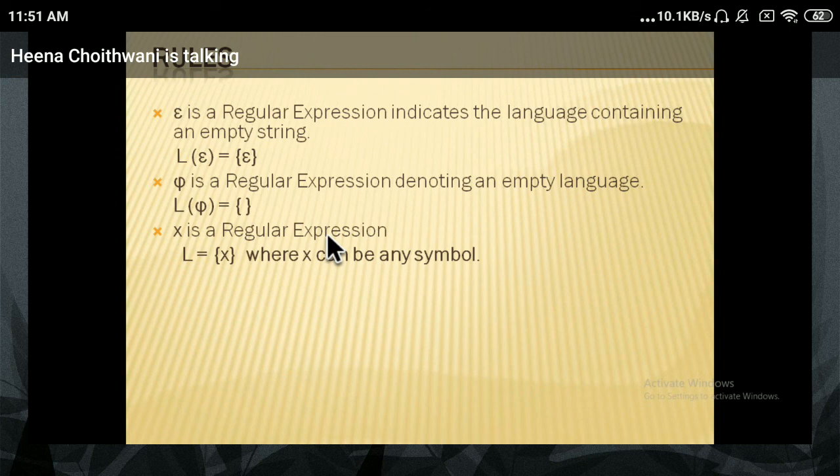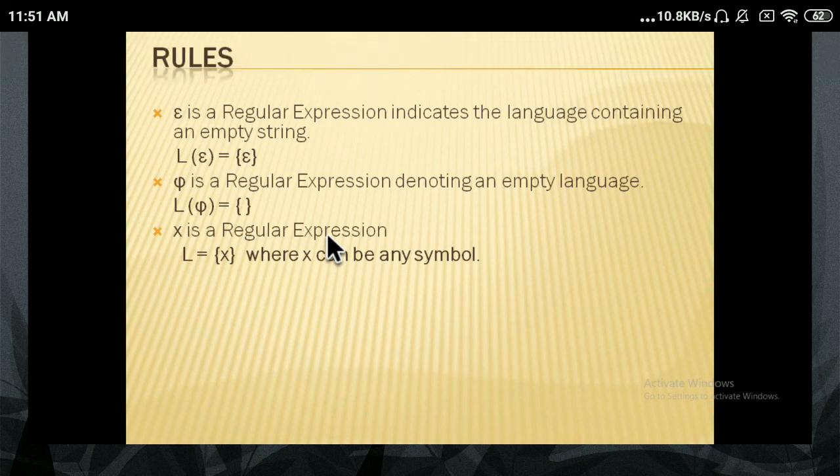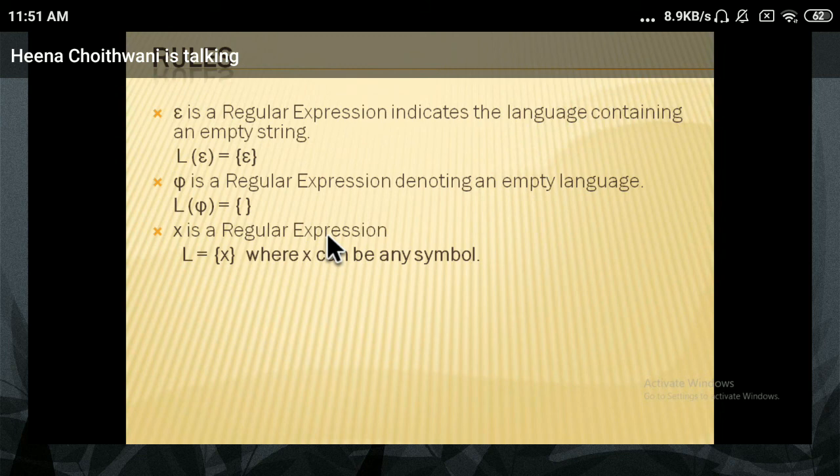So we have seen epsilon, the null string, is regular. We have seen if my set does not contain anything, that is also regular. And any singleton symbol is also regular. Is it okay? Shall we proceed?